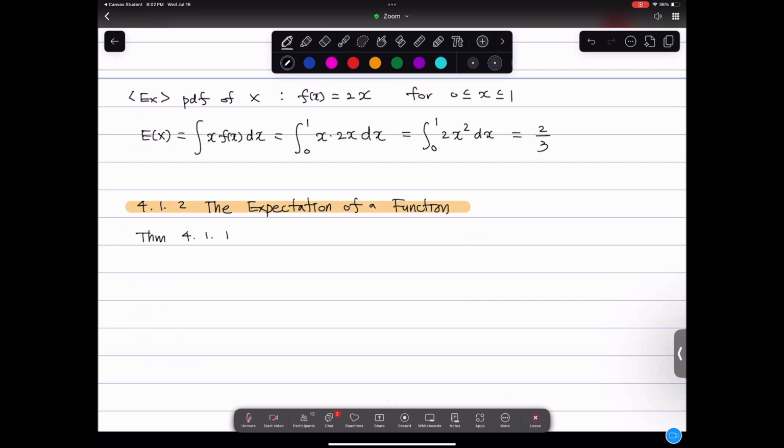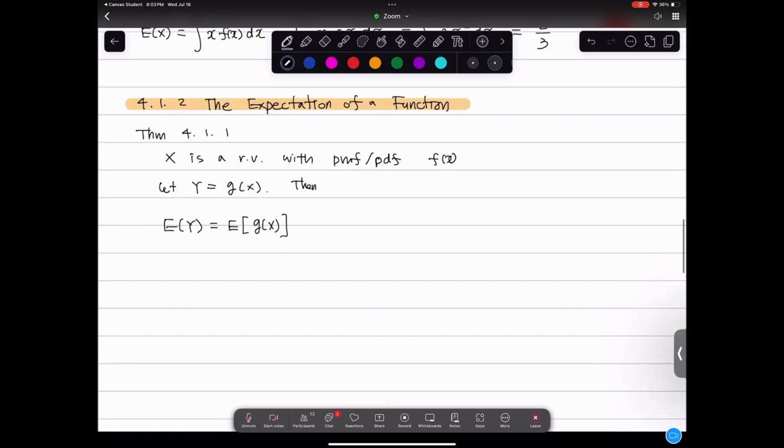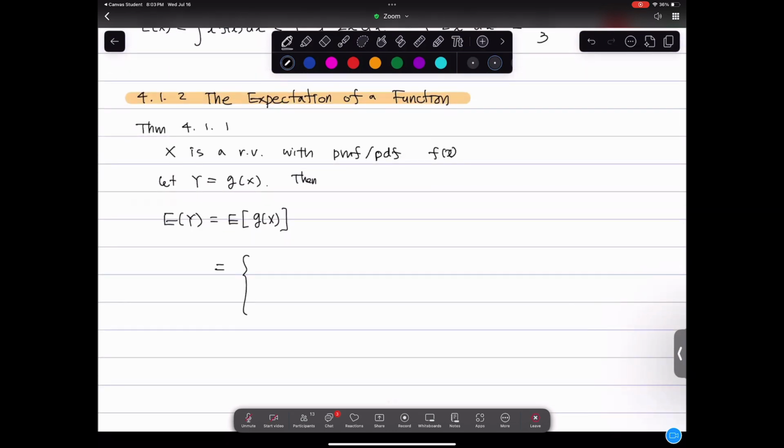4.1.1 is saying if x is a random variable with either PMF or PDF, depending on the discrete or continuous, f of x, then let y be some function of x, then E of y, which is E of g of x, is equal to, if it's discrete, you get the sum of all g of x times f of x, for all the x's, if x is discrete.